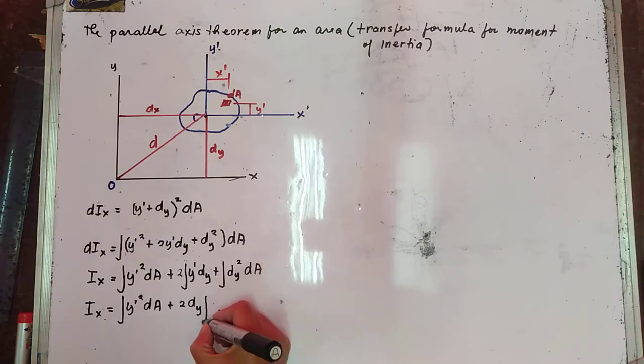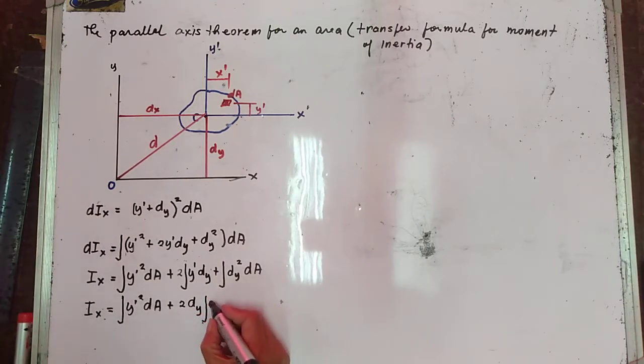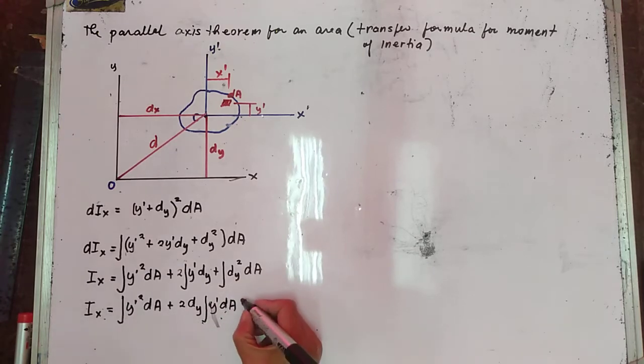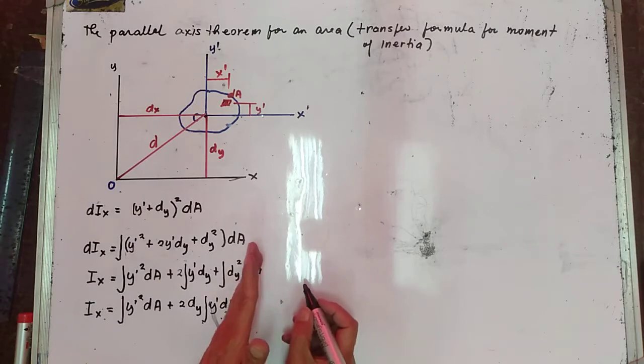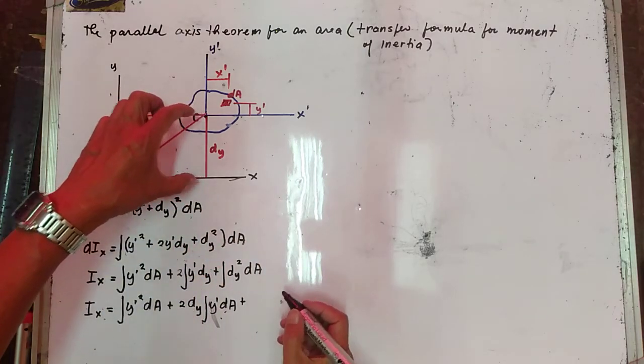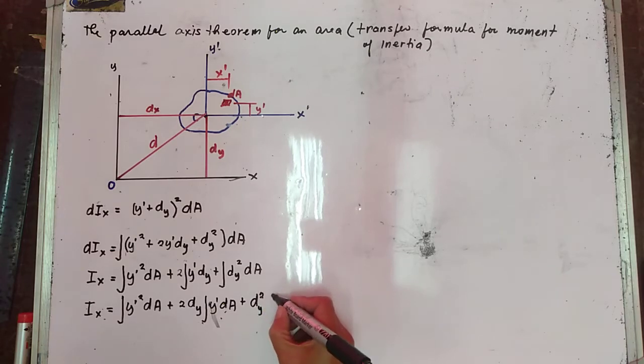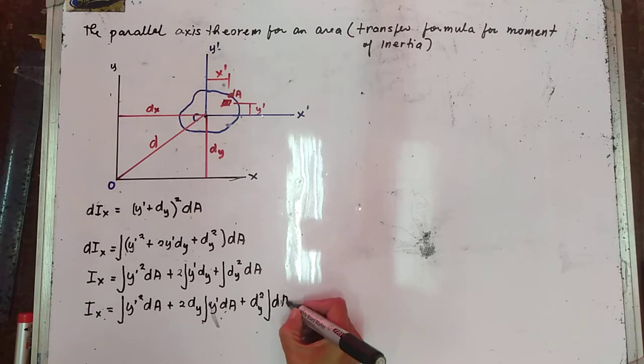The integral of y prime multiplied by dA plus dy square. In here, your dy is constant, so we can place this outside the integral sign. So we have your dy square multiplied by the integral of dA.